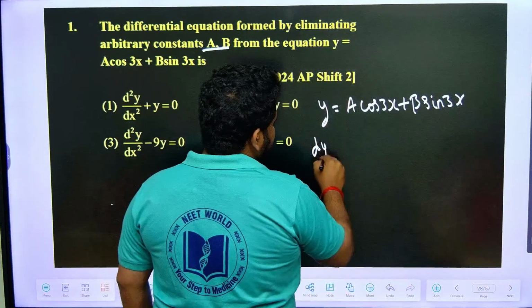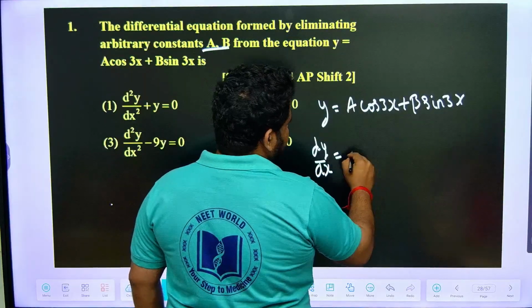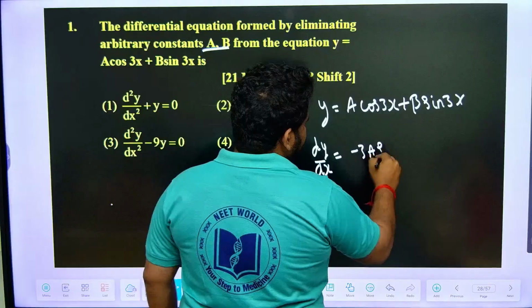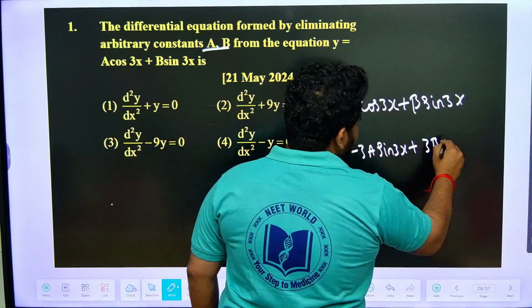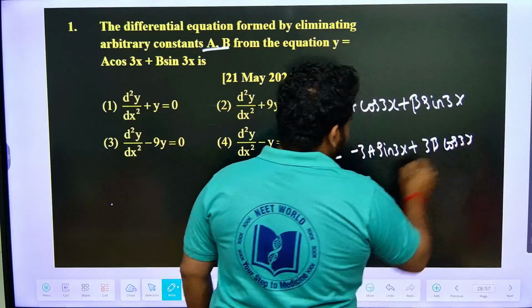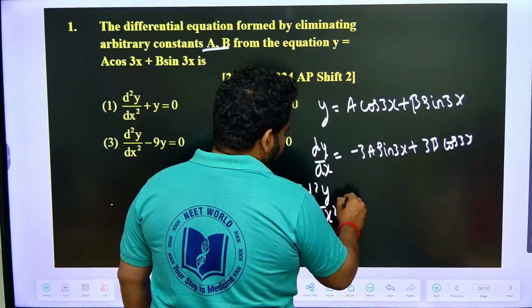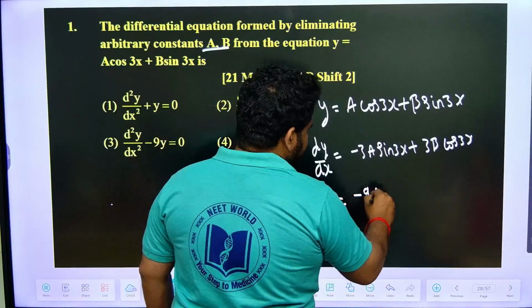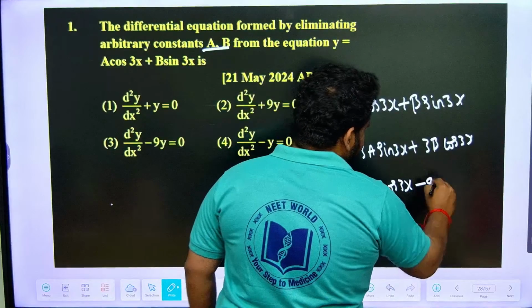So dy by dx will be, derivative of cos is minus sin, minus 3a sin 3x plus 3b cos 3x. So d square y by dx square will be minus 9a cos 3x minus 9b sin 3x.